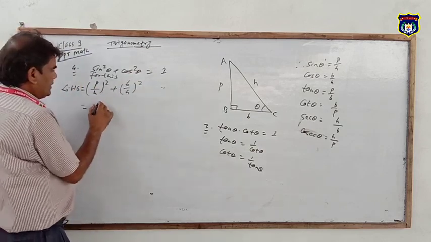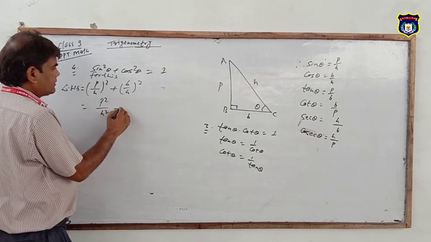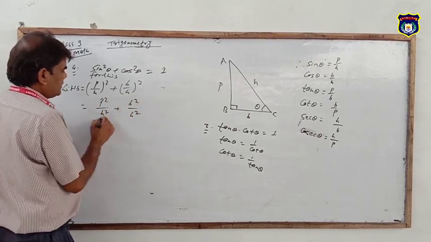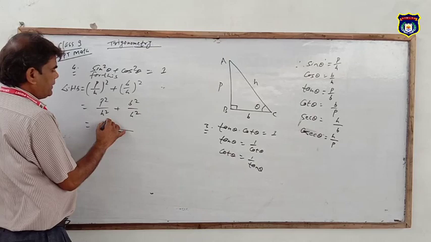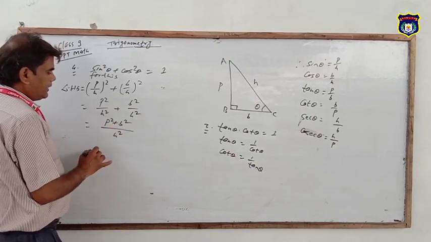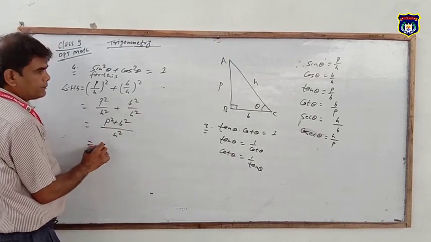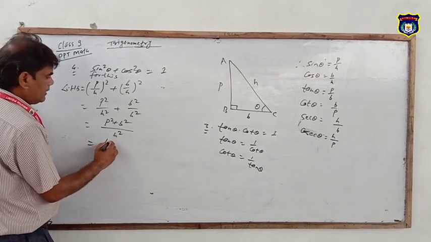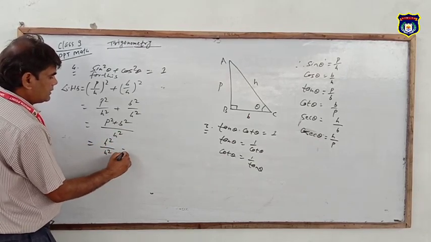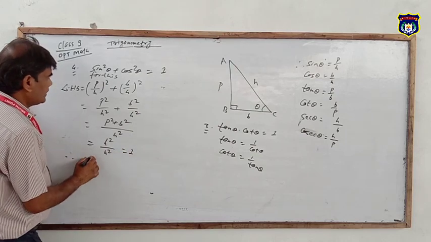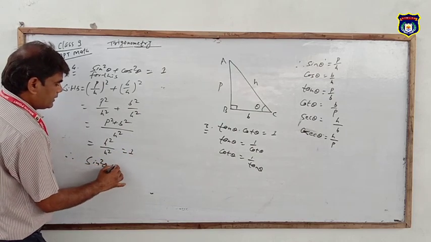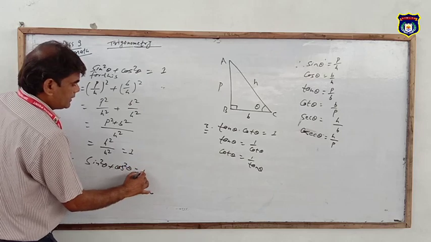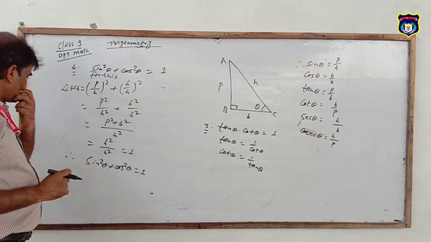So this is P square by H square plus B square by H square, which is P square plus B square by H square. By Pythagoras theorem, P square plus B square is H square, so it is equal to 1. Therefore sin square theta plus cos square theta is equal to 1.